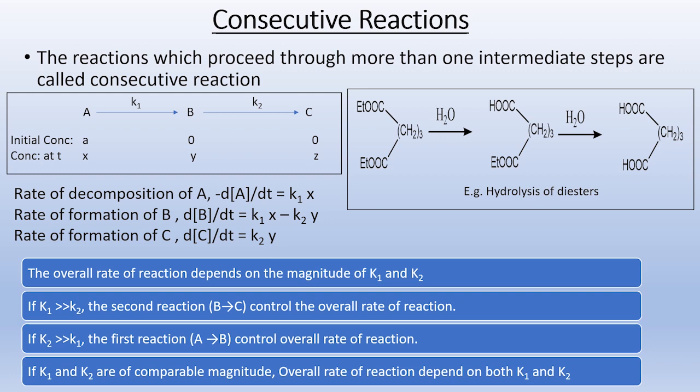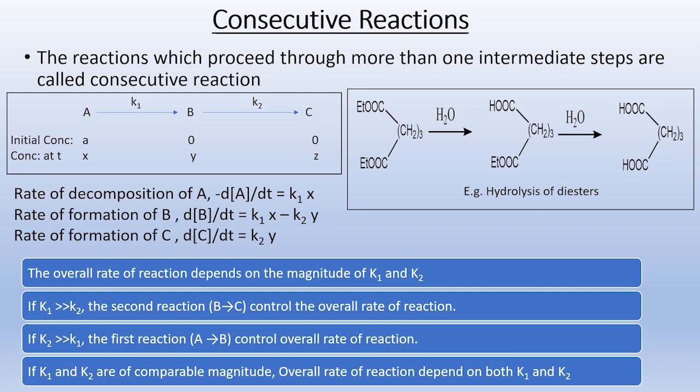So the first step, conversion of A giving B, will control the overall rate of reaction. And suppose K1 and K2 are of comparable magnitude, then the overall rate of reaction depends on both values, both K1 and K2.